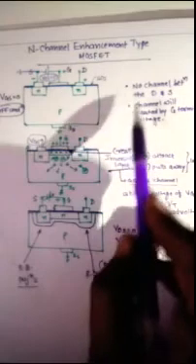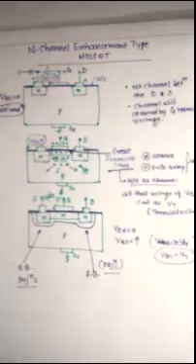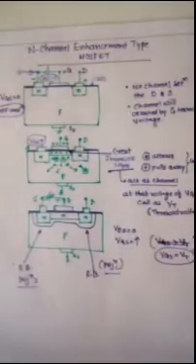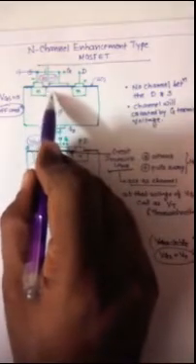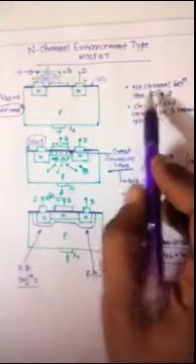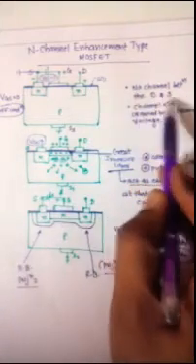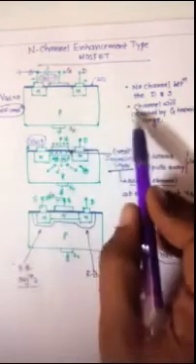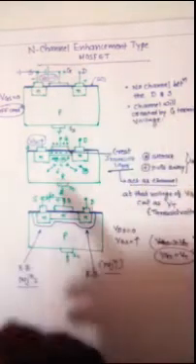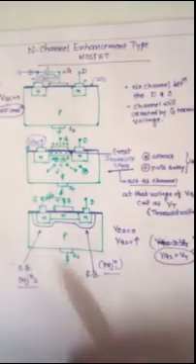Here there is no channel between the drain and source, unlike in depletion mode. This channel will be created by using the gate terminal. This is the enhancement of the channel between source and drain, and that's why it's called the enhancement mode MOSFET.